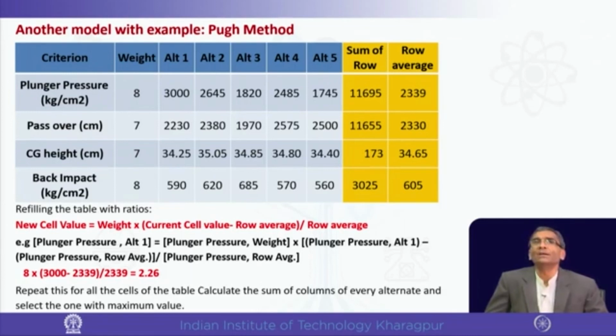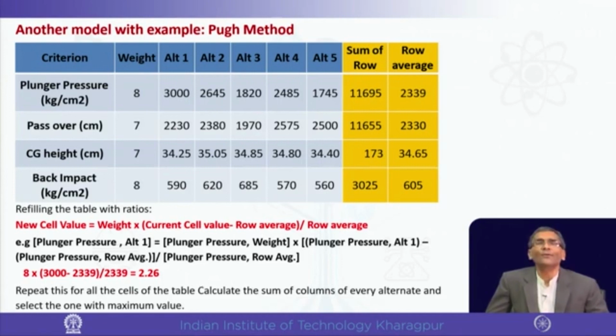For example, let us look at the first case, where for the plunger pressure, for alternative 1, it is 3000 and the corresponding row average is 2339. So, that value in that cell would become, as the calculation is shown in red at the bottom, 3000 minus 2339 divided by the row average, which is 2339, and the value is 2.26.